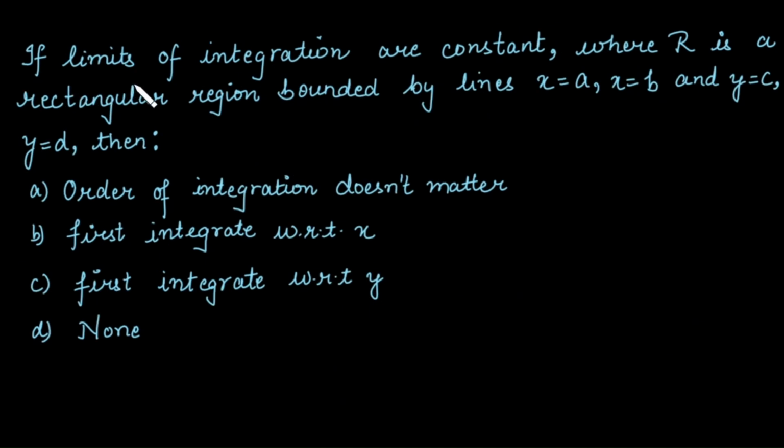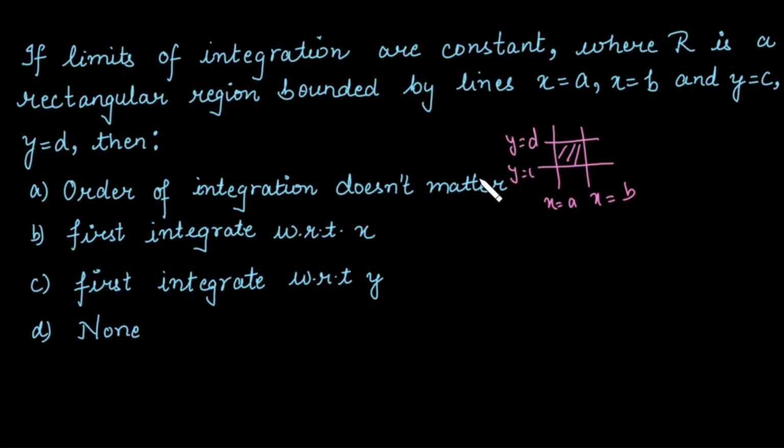Next question is, if the limits of integration are constant, अगर इंटीग्रेशन की लिमिट्स कांस्टेंट है, वेरिएबल की लिमिट्स कांस्टेंट आ रही है, and region आपका rectangular है. Rectangular means उसकी लिमिट्स कांस्टेंट है, एक रेक्टेंगल फॉर्म बन रही है. तो हमारे पास एक लाइंस आएंगी, that is x is equal to a line, x is equal to b line, y is equal to c line, y is equal to d line.